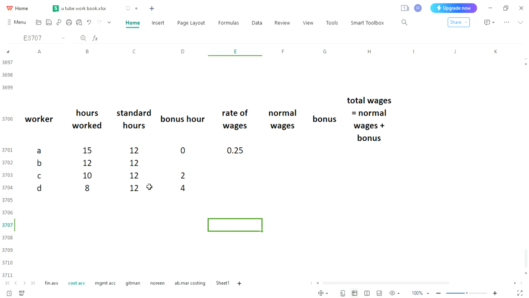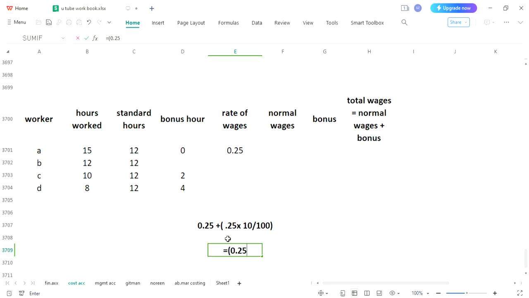Look, 0.25 was your original payment, and then you will add 10%. So 0.25 multiplied by 10 divided by 100. Look, in this way you will make the per hour rate for bonus hours. Look over here. So now the statement is completed, we can calculate it. And how will you calculate?